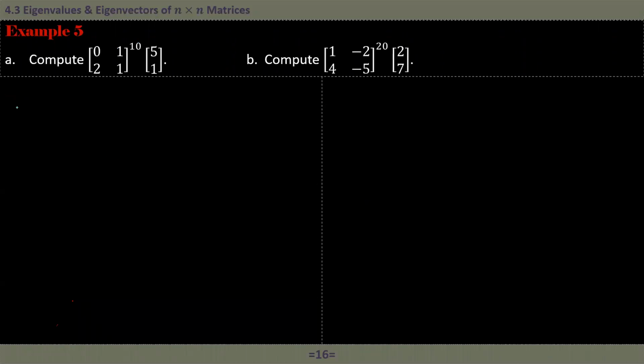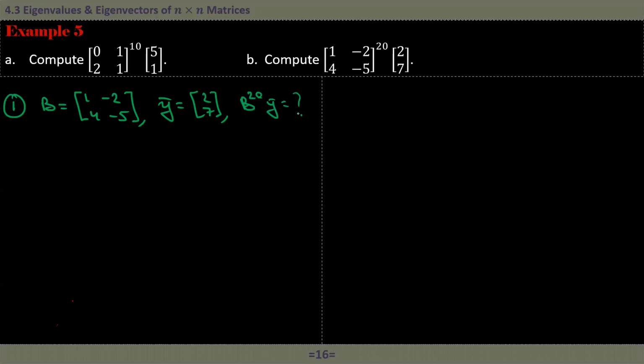Matrix B is [1, -2; 4, -5], and vector y is (2, 7). So we are going to evaluate B to the power of 20 times vector y.